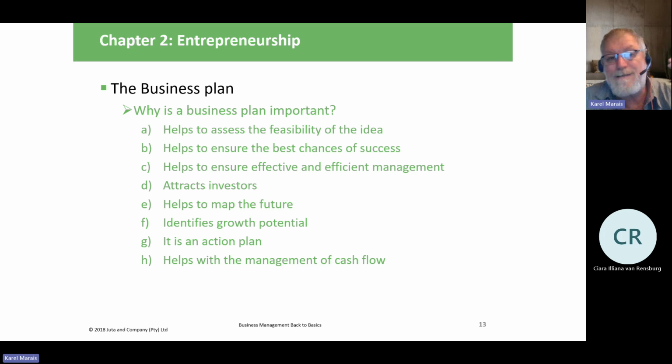Because in writing the business plan, in thinking through the details, they realize, no, the risk is too high. There's not a big enough opportunity here to make money. The market isn't big enough. The product isn't feasible. There's a whole host of things that you can discover while writing the business plan.